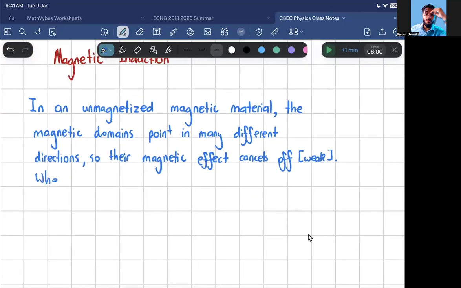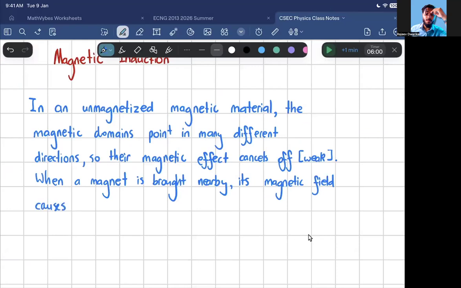However, when a magnet is brought nearby, its magnetic field causes many domains to align.